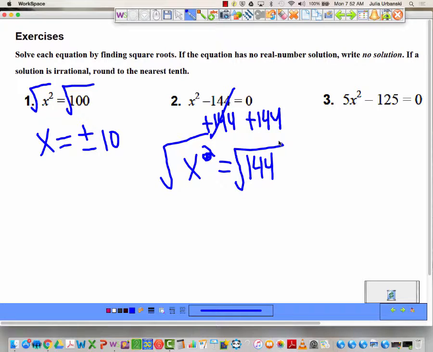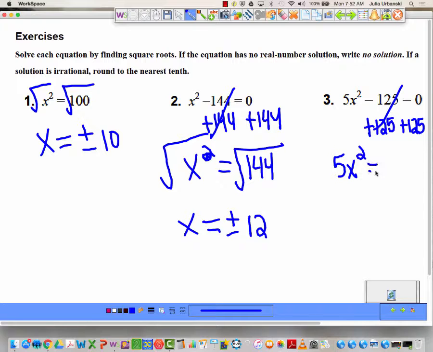Now this is going to work anytime you have x squared only. If you have an x squared in the problem and an x in the problem, it's not going to work for you. Plus or minus 12. Don't forget, please, to include the positive number and the negative number. All right, number 3, add 125 to both sides. 5x squared equals positive 125.